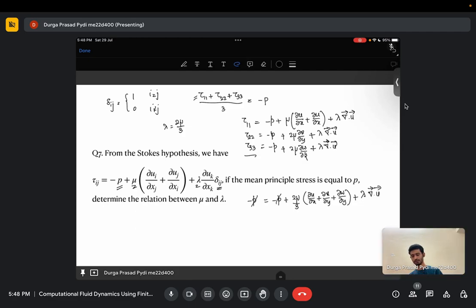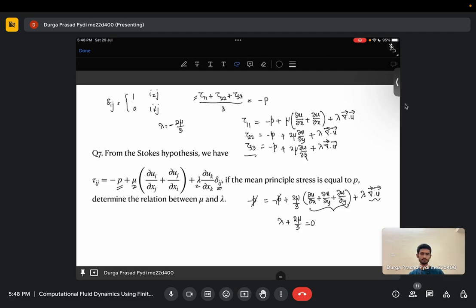So this essentially is your del dot u. So the relation you are getting is lambda plus 2 mu by 3 equal to 0. So essentially you need to have a minus over here.